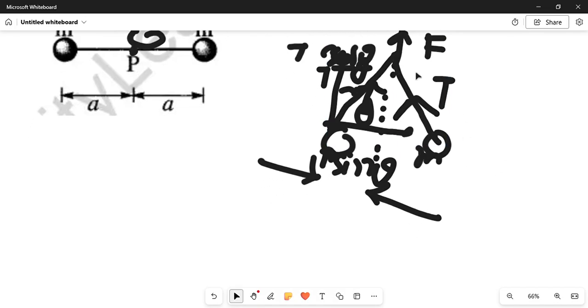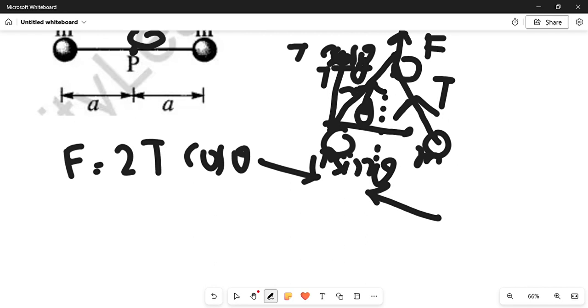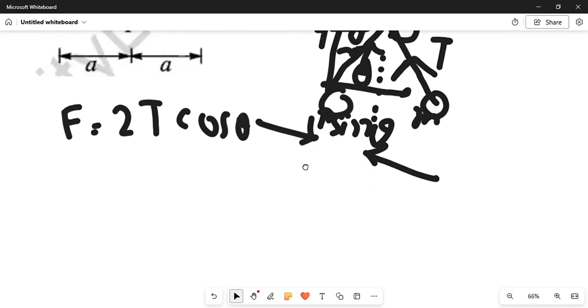So if we take this point as O, we can write that F is equal to 2T cos theta.